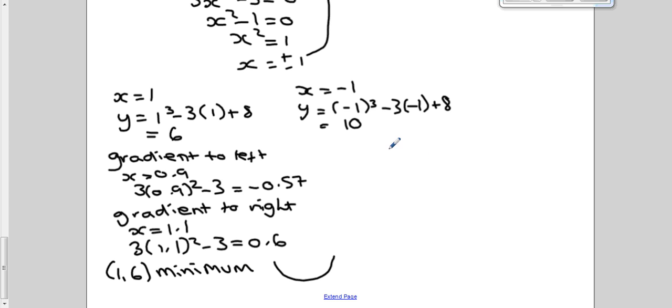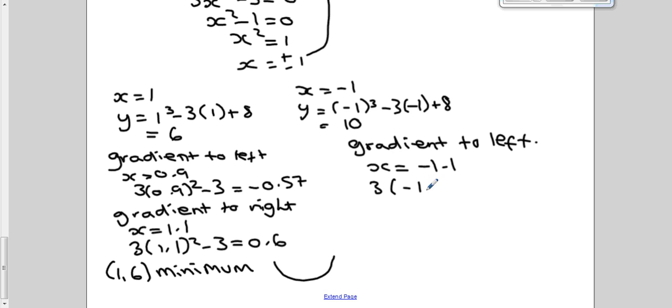Okay, and now we need to do the same for when x equals -1. So the gradient to the left, so that would be at x equals -1.1. So 3 lots of -1.1 squared minus 3 equals 0.6.